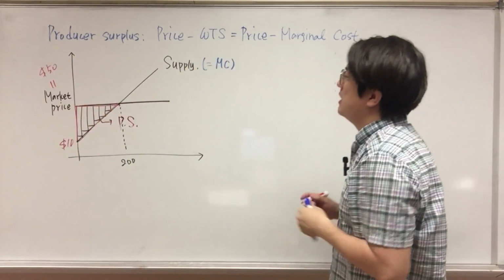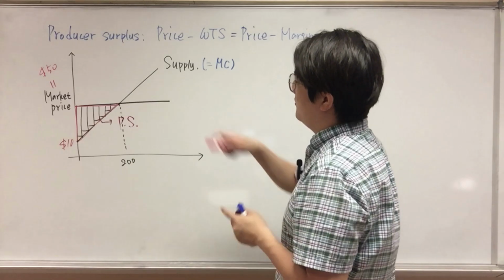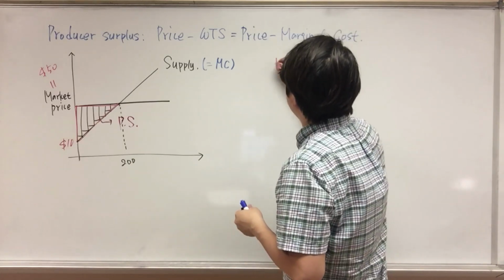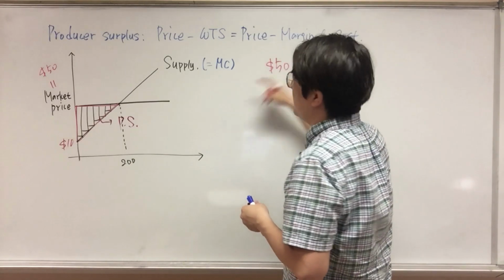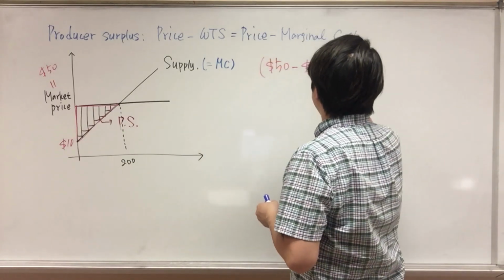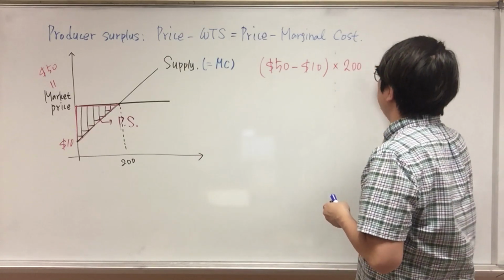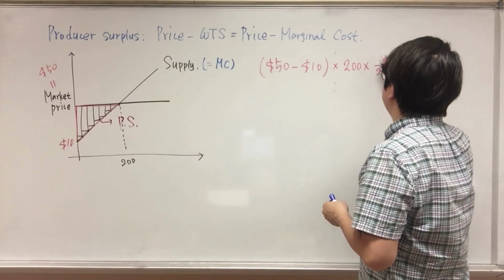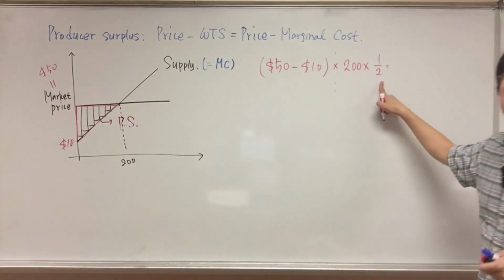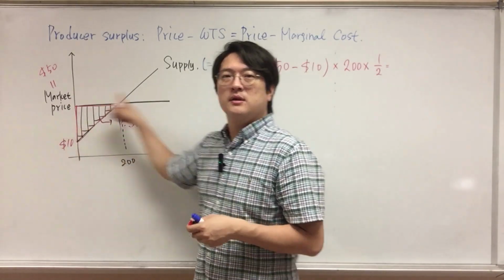Okay, so how can you find the height first? $50 minus $10, which is the height, times quantity, which is 200, times, don't forget that, 1/2. Okay, because we need to find the area of a triangle, right?